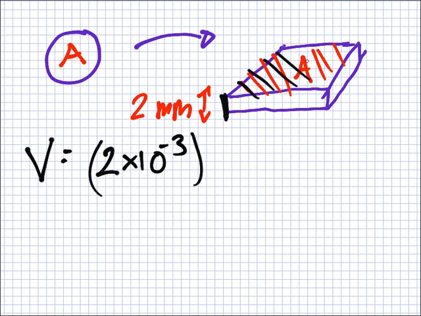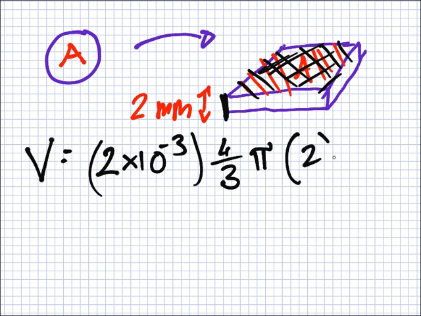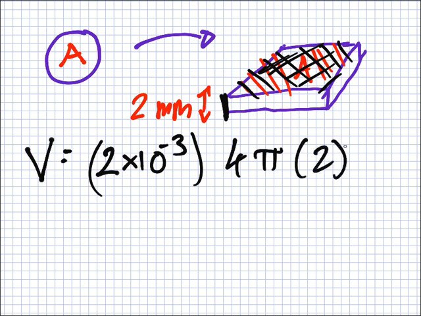Then multiply by this, which is 4 pi r squared.